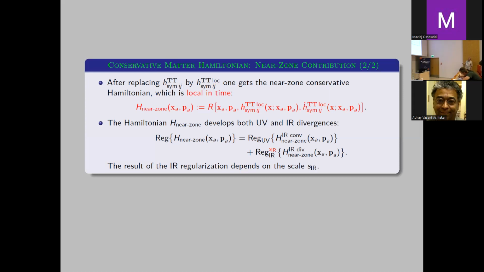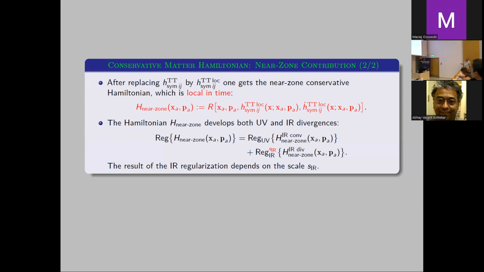But look first more carefully at this near zone contribution to the total Hamiltonian. This near zone contribution develops both UV and infrared divergences. But what is not obvious, and the computation is quite involved, you can split this Hamiltonian into two parts. The first part is infrared convergent, but it develops UV poles.